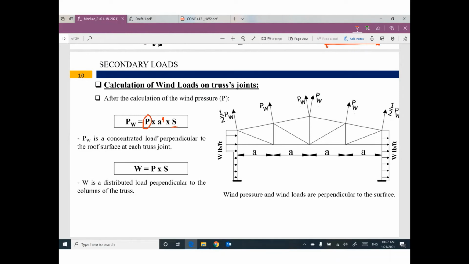Times A to convert it to a concentrated load at each joint. Make sure this concentrated load is perpendicular to the surface. For the windward or leeward side, we need to convert the wind pressure to a line load, so I will multiply it by S only. So the final shape of the truss or the main system under the effect of wind looks like this: a concentrated load at each joint for the roof, and a uniform or line load at this column and this column.